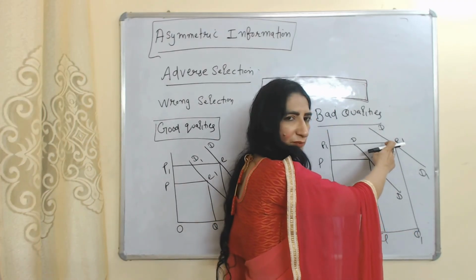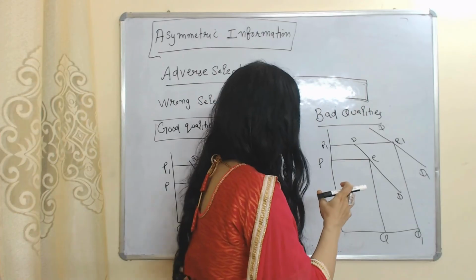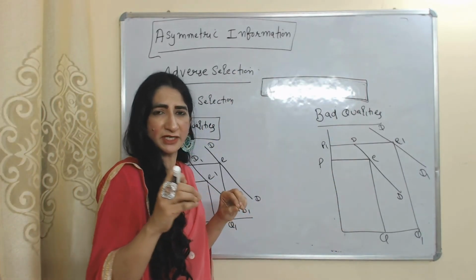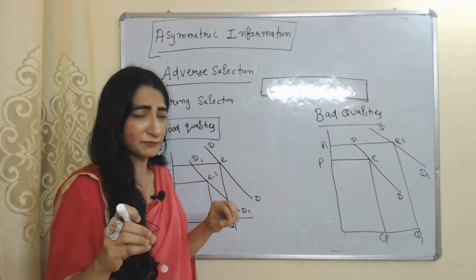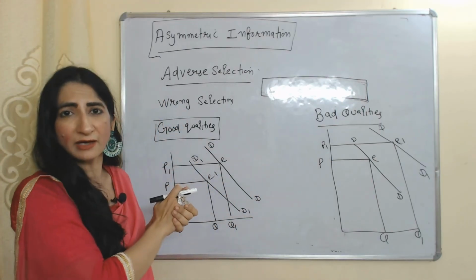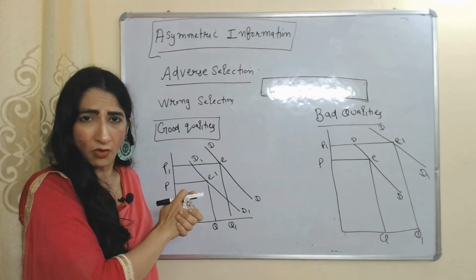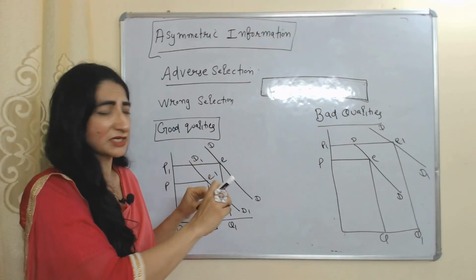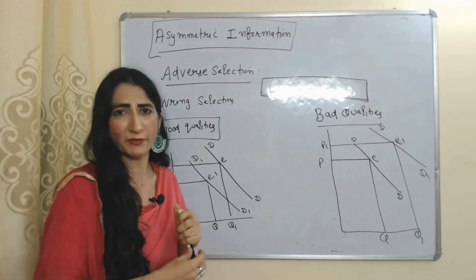The new equilibrium point is E1. So here we see that because of lack of information, bad quality cars remove good quality cars from the market. So this is wrong. This is adverse selection. In this case, our market will fail.